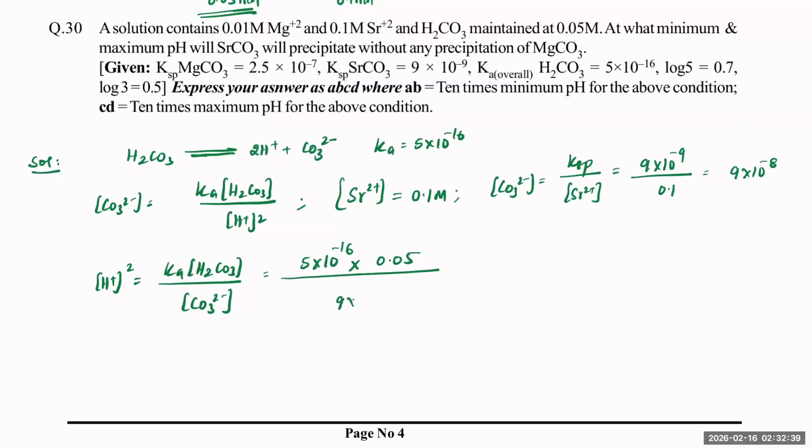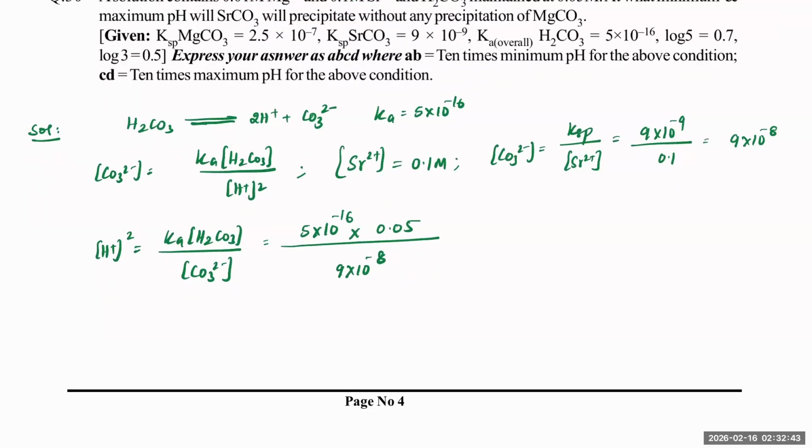Carbonate, which we calculated as 9 into 10 raised to power of minus 8. This is what we have, correct? So this is coming as approximately 2.5 by 9 into 10 raised to power of minus 9. So 2.5 means approximately we are getting this as close to 3 into 10 raised to power of minus 10.